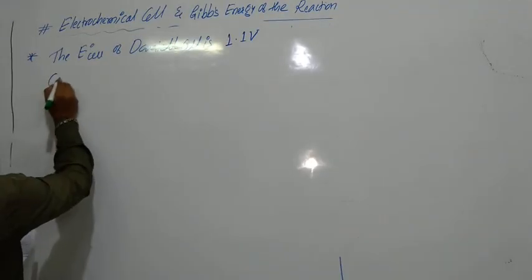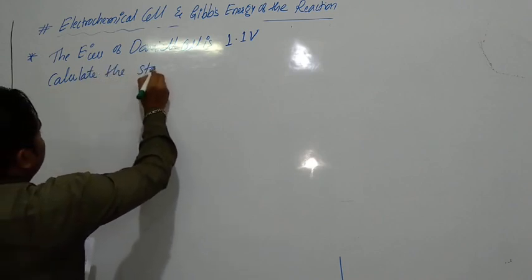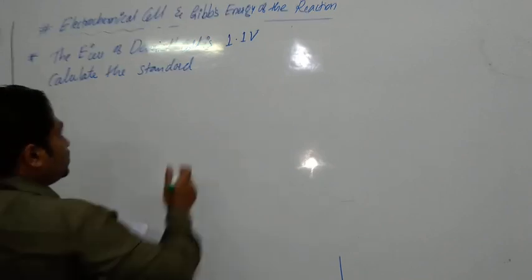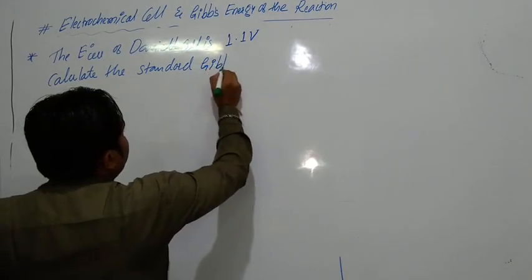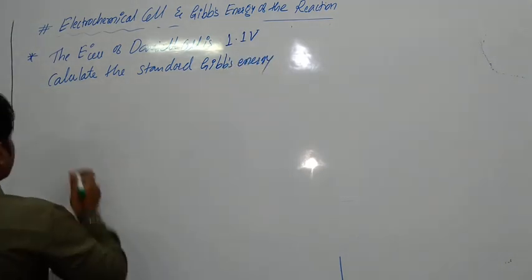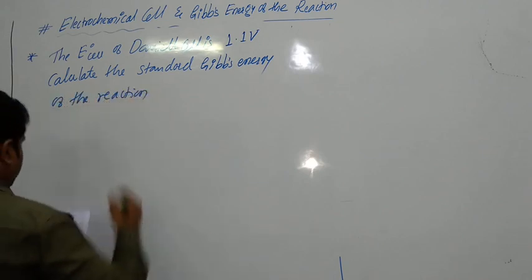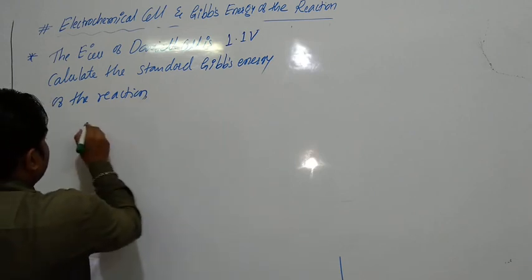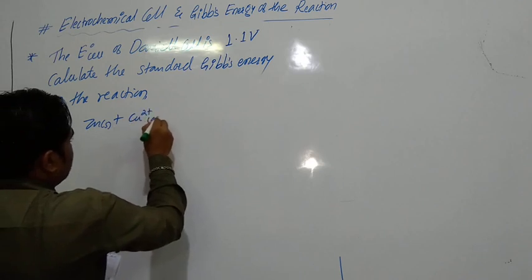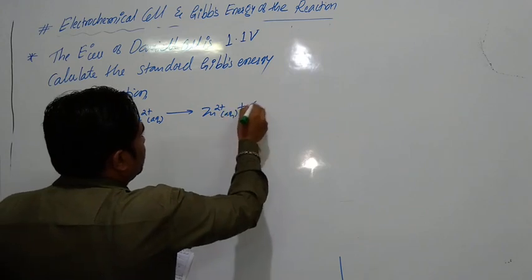Calculate the standard Gibbs energy of the reaction. They have given the chemical reaction, that is Zn plus Cu2+ gives Zn2+ plus Cu.